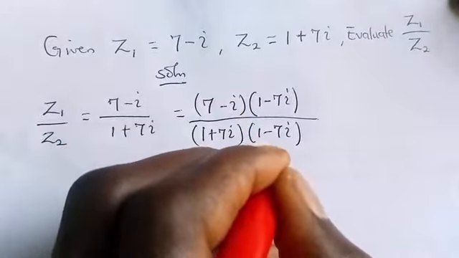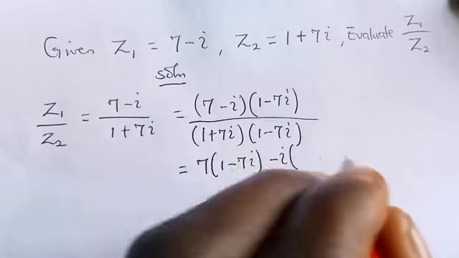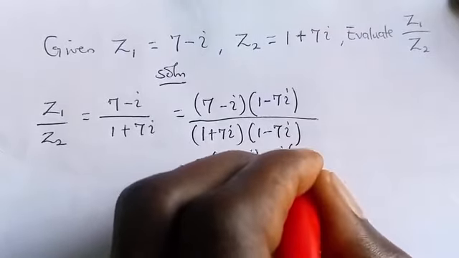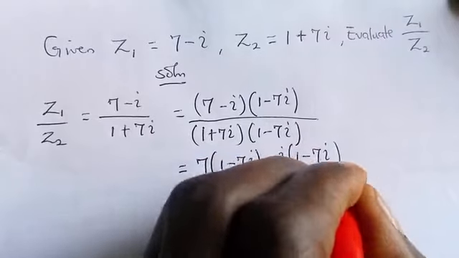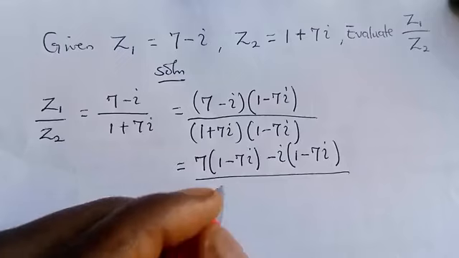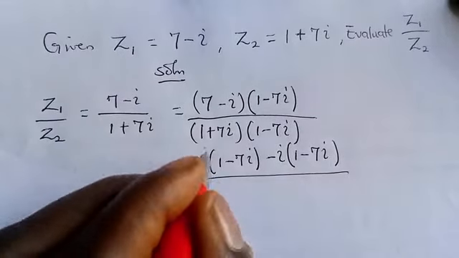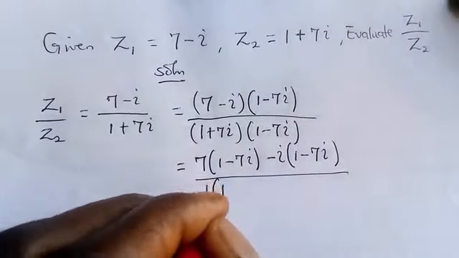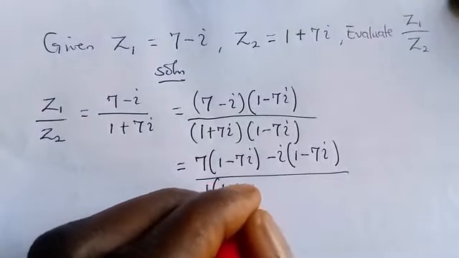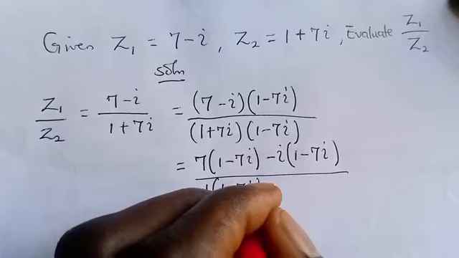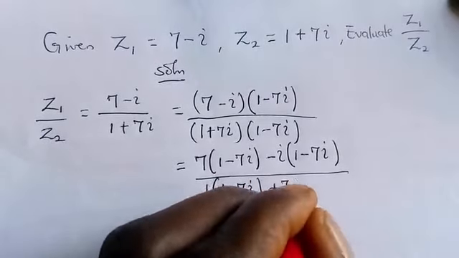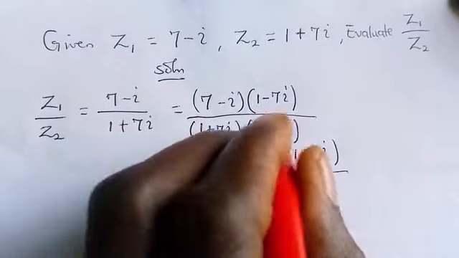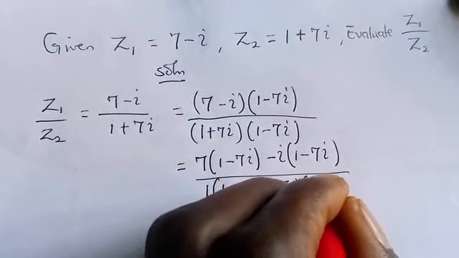Then minus i, which is the second term, will multiply the content of the second bracket, 1 minus 7i. All of this will divide 1, which is the first term here, multiplying 1 minus 7i, plus 7i, that's this second term, multiplying everything here, 1 minus 7i.